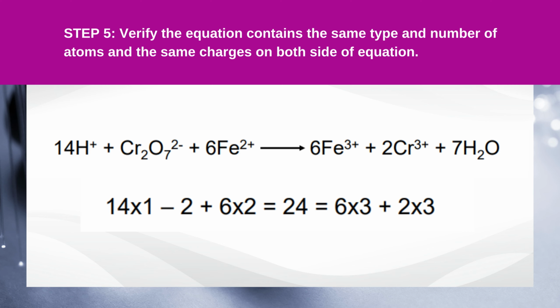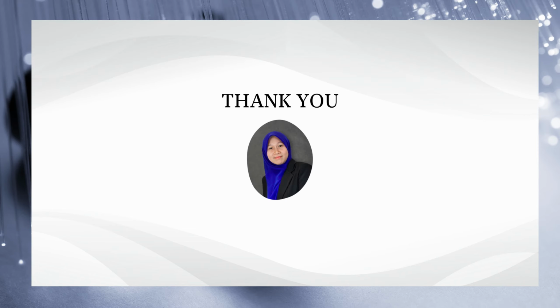Now the equation is balanced. We have 2Cr at both sides, 6Fe, 6Fe, 14 hydrogens, 14 hydrogens, and 7 oxygen, 7 oxygen, and the overall charge for both sides is 24. So now the equation is balanced.